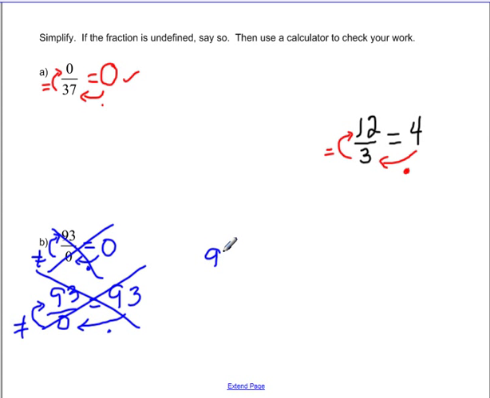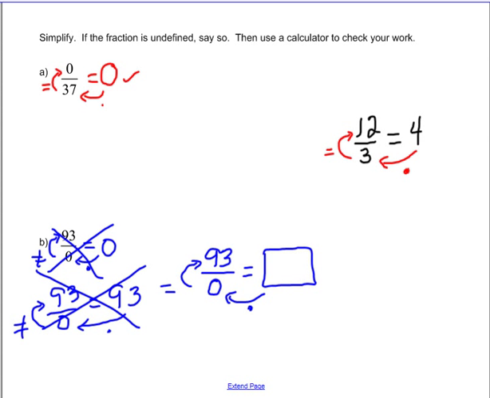If we have 93 and we're going to divide that by 0, what we need to do is figure out what number we could put in here that when I multiply it by 0, it would equal 93. And the answer to that question is there is no number that I can put here and multiply by 0 and come up with 93, because anything times 0 is always going to give me 0.